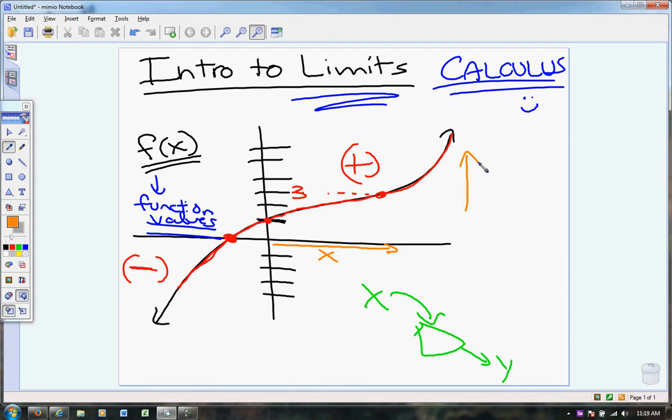As I move from left to right, I could even say, if I had some hash marks in here, as x approaches 4, the y value approaches 3. Would you agree with that? And I could come back this way, and I could say as x approaches -2, the function approaches what? 0. So this idea of function values is critical, all right?